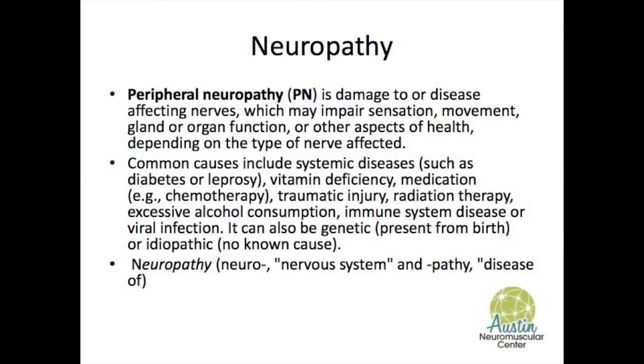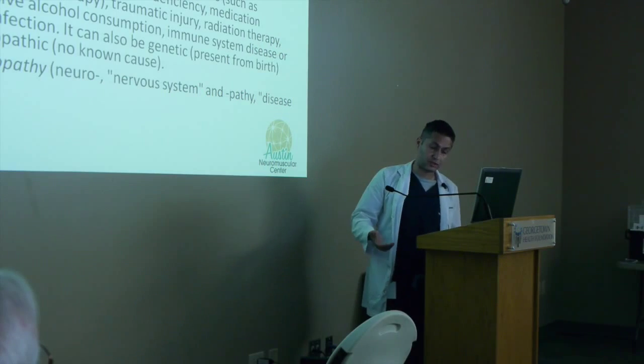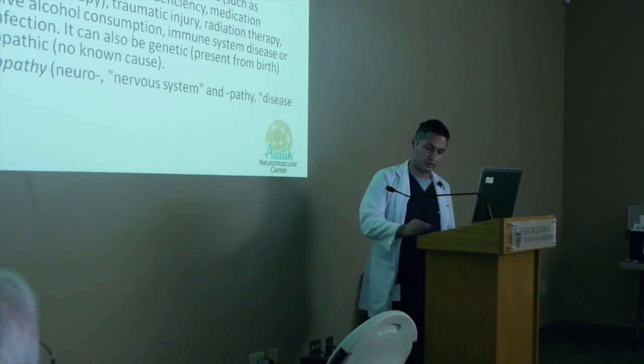So it basically means nerve disease. Causes are so many. It's probably 100 or more, ranging from acquired causes like diabetes, high triglycerides, vitamin deficiency, you name it. It could be hereditary. It could be medications you take, like chemotherapy or other medication. It could be alcohol consumption. All these could cause nerve damage.